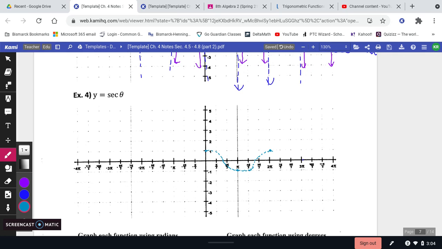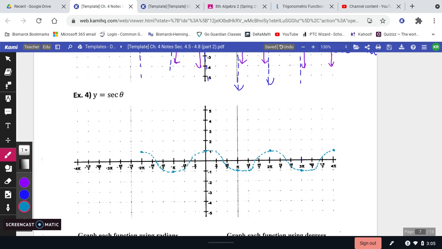Same thing, 3 pi, it'll go down, come back up. And then it's going to do one to the left. So that gives you that sketch.